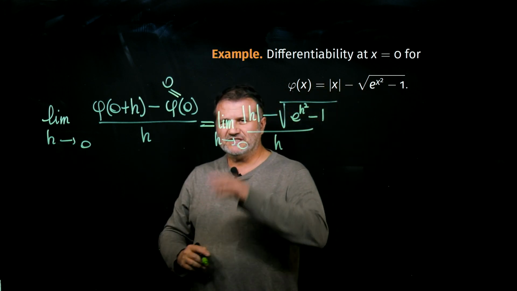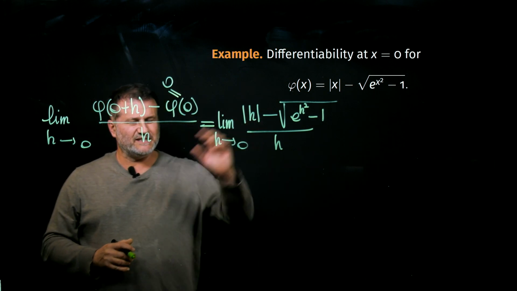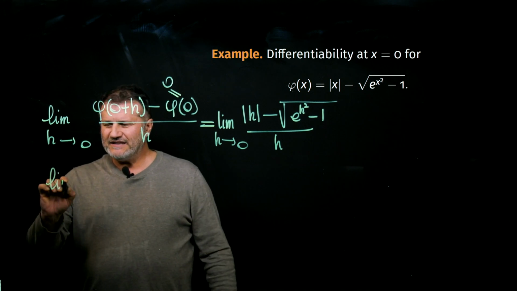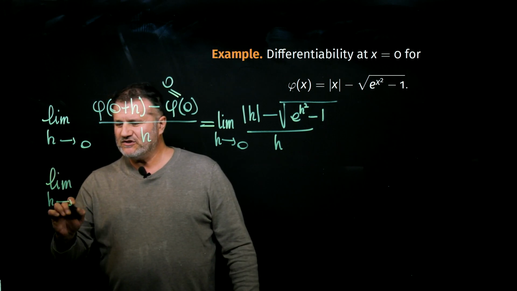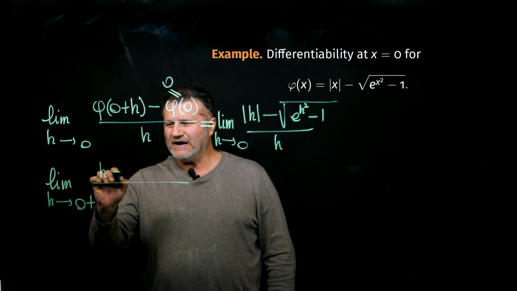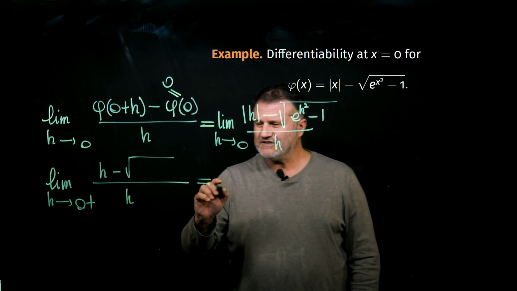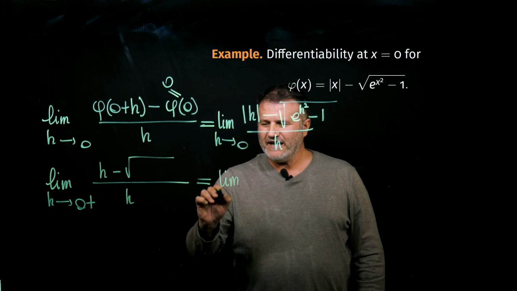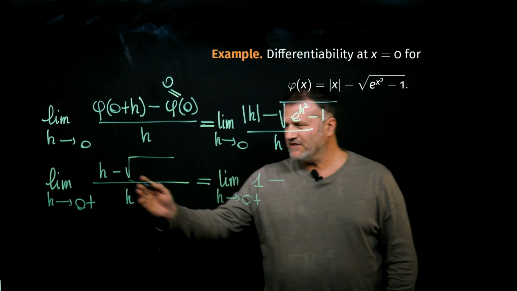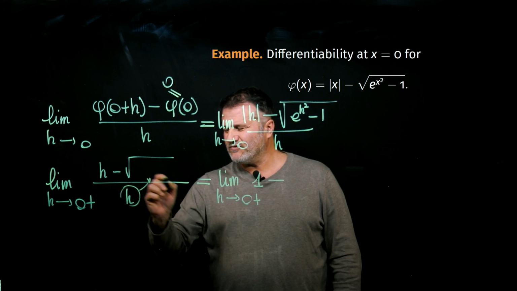Now, since we have this modulus of h, it is perhaps convenient to split this limit into left and right limits. So for the right limit, we have the limit for h going to 0 positive of the fraction h minus the root, divided by h. We divide this fraction, and we have the limit for h going to 0 positive of 1 minus, then I can carry this h inside the root.